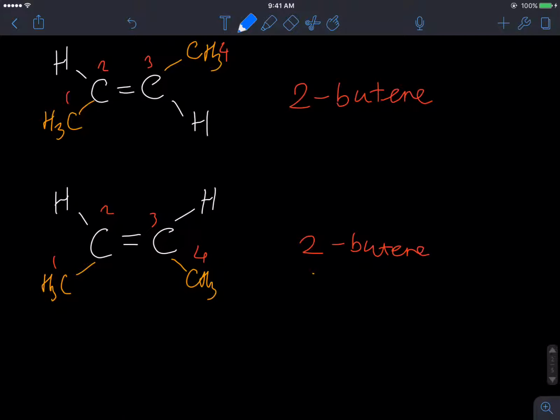The last slide: we're looking for the biggest group first, the higher priority first.